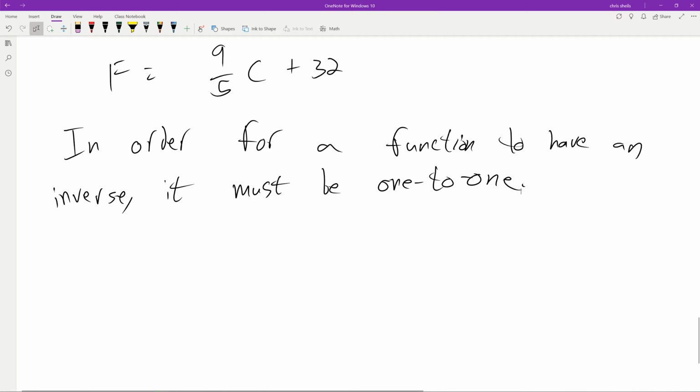This means that the horizontal line test actually allows us to determine if a function has an inverse or not. For instance, f of x equals x squared is not 1-to-1. So if I wanted to find an inverse for that function, I would have to restrict its domain.